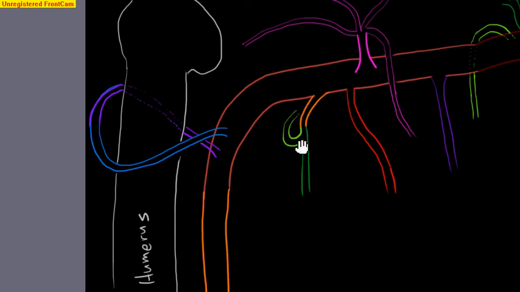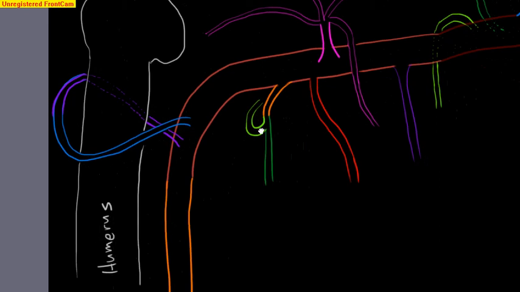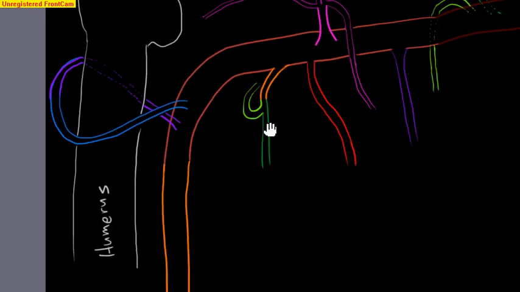And if you recall, that goes to the triangular space as far as the spaces between the muscles. And then the one that continues downward is going to be the thoracodorsal artery. So subscapular artery branches into the circumflex scapular artery and the thoracodorsal artery.